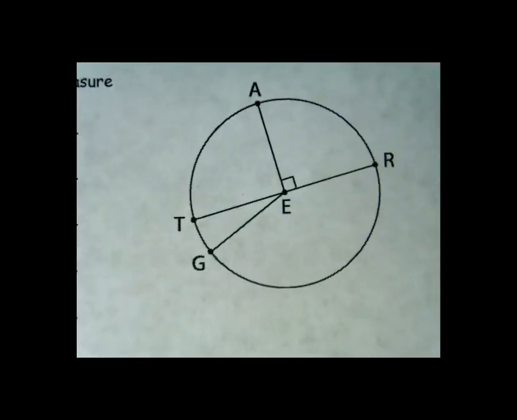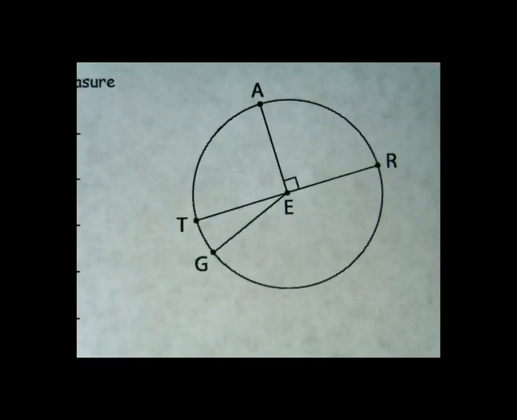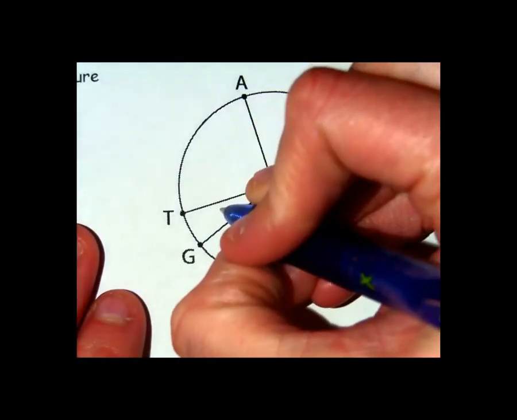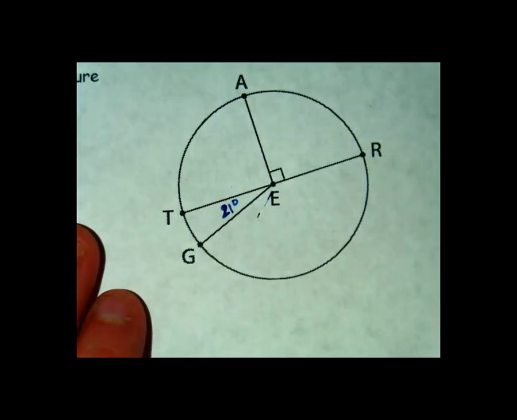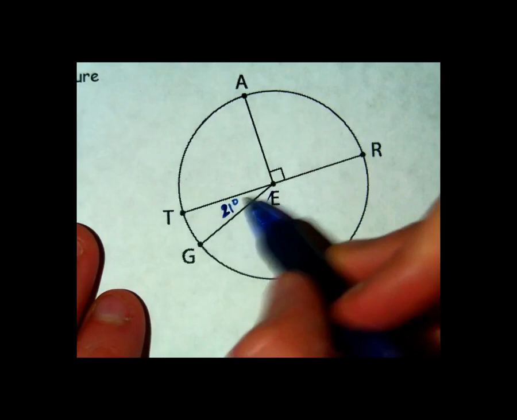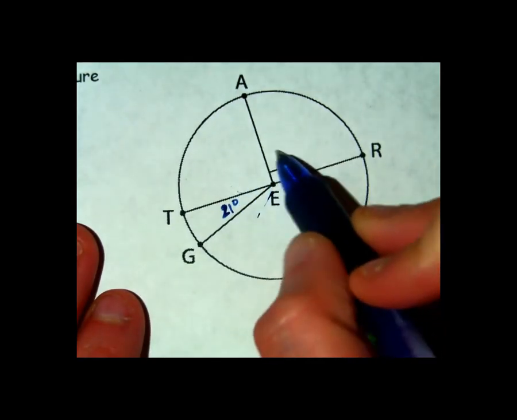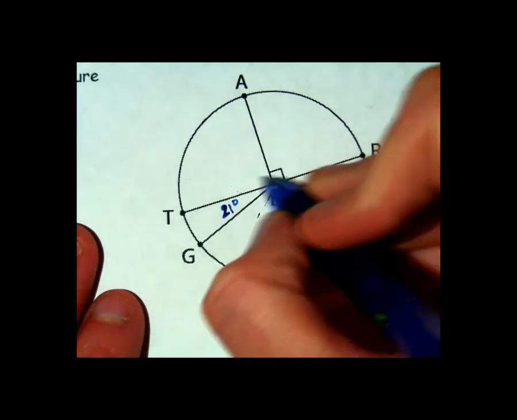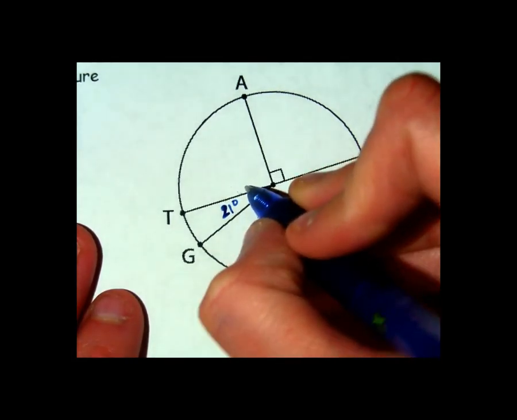Alright, before we even look at the problem, something we're going to do is label this entire circle. The instructions say, measure of angle TEG is 21 degrees, and TR is the diameter. If TR is the diameter, how many degrees around is this? 180. Well, if this is 90, what's this?